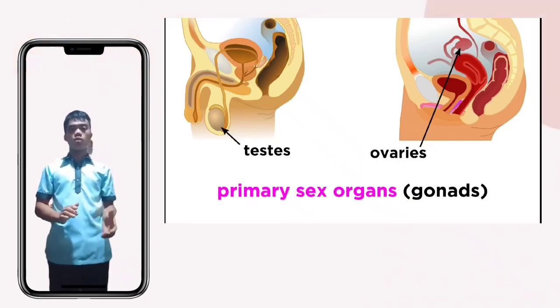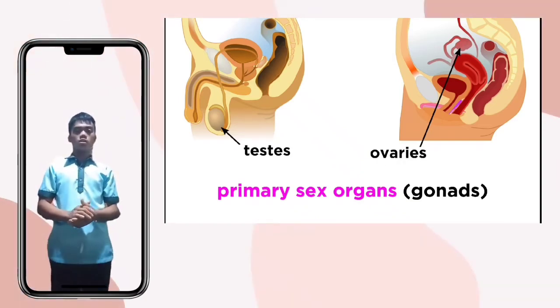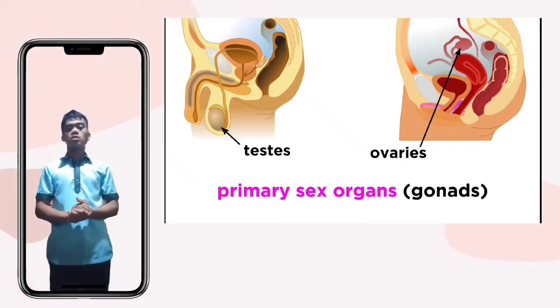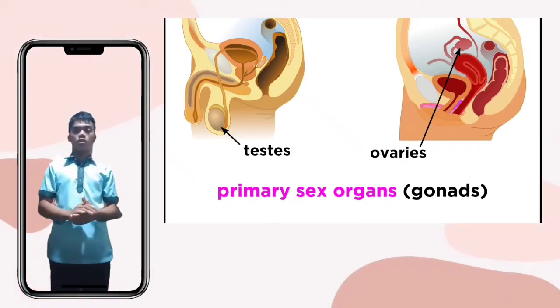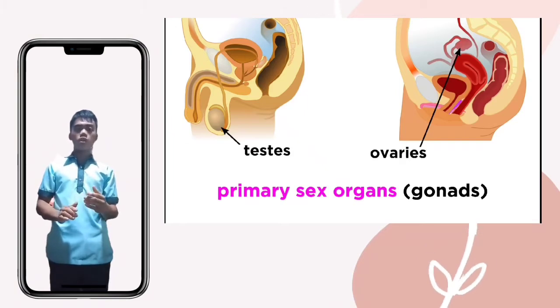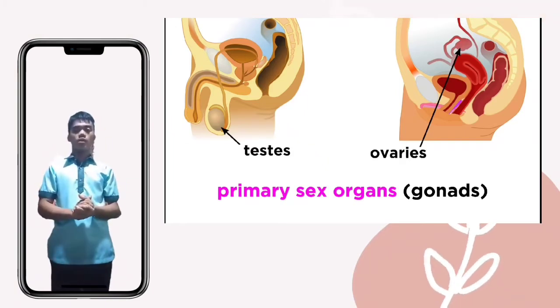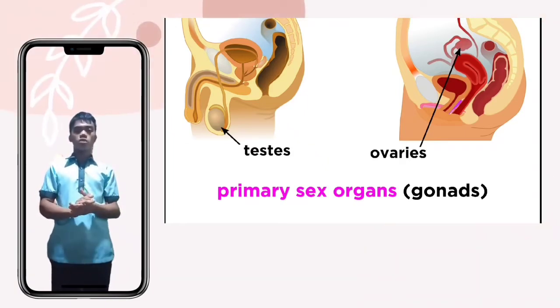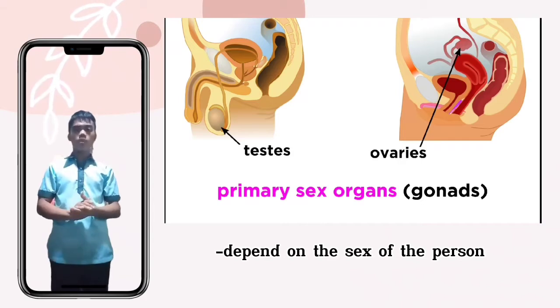These are also known as gonads. And the interesting thing is that, unlike the lungs, the heart, the liver or the stomach, which are found in every human, these are organs which depend on the sex of the person.